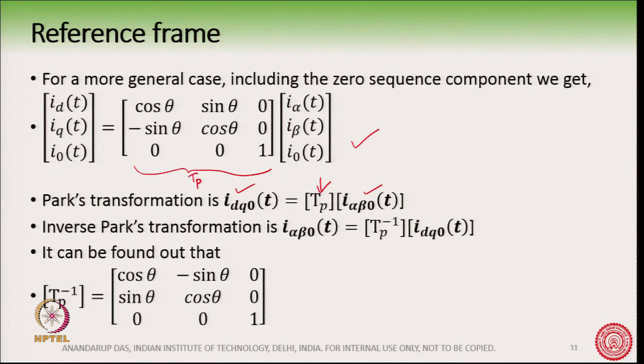Similarly, you can have the inverse Park transformation. This is Tp inverse, and you can just do the matrix operation and it is like this. So, you can go from alpha beta to dq or dq to alpha beta.